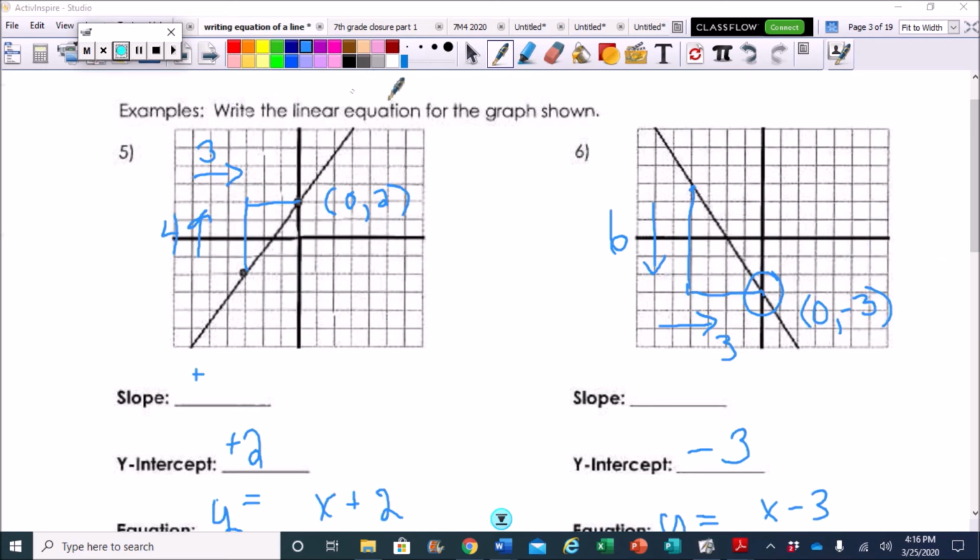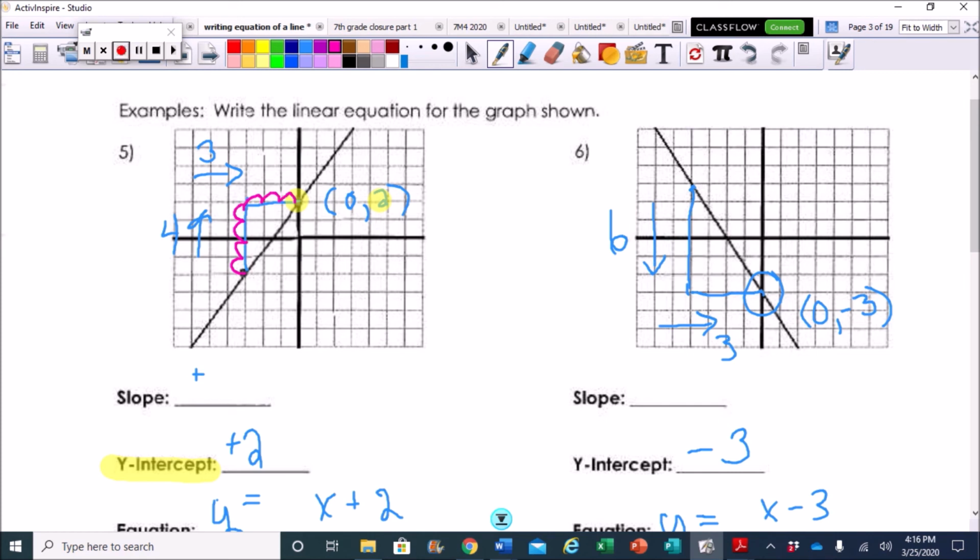Write the linear equation from a graph shown. So first thing I need to do is figure out where it crosses the y-axis, and it does at 0, 2. So that is my y-intercept, 2. My slope, to go from the bottom point up to 0, 2, I've got to go up 4, 2, 3, 4, and to the right 3, 1, 2, 3.